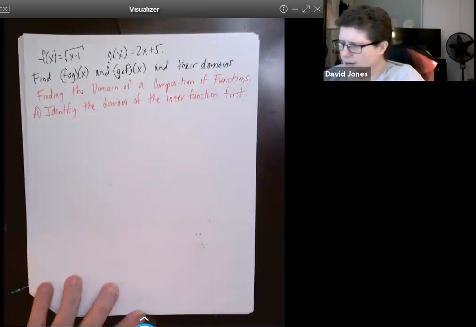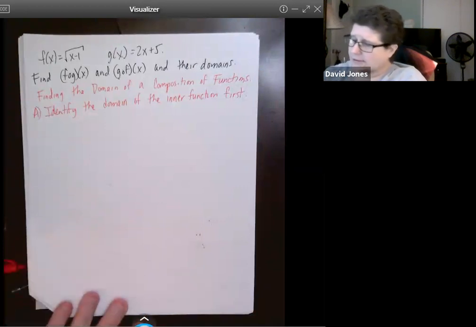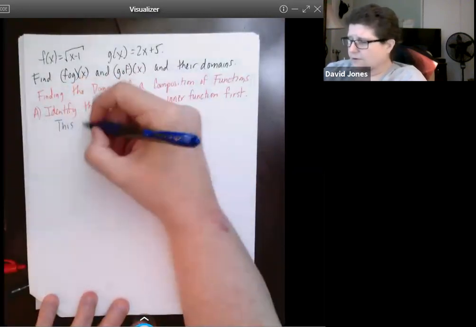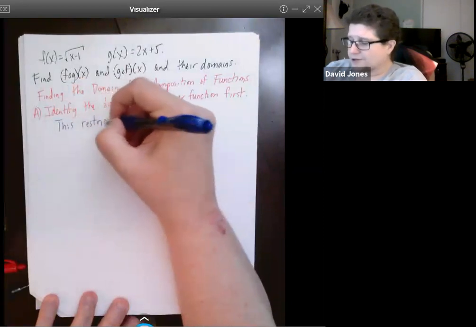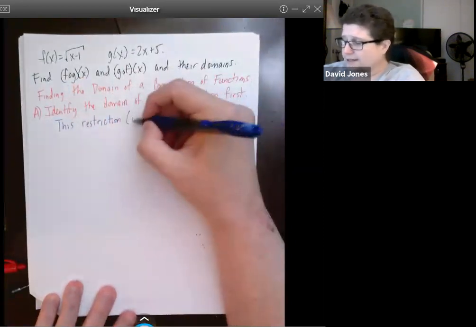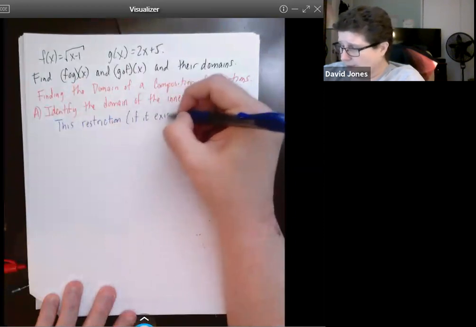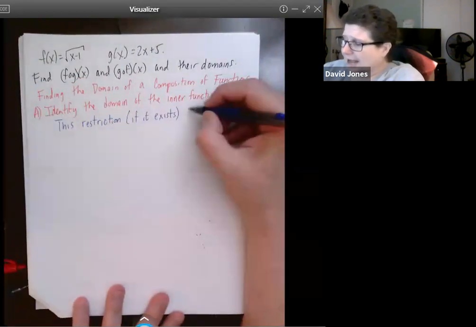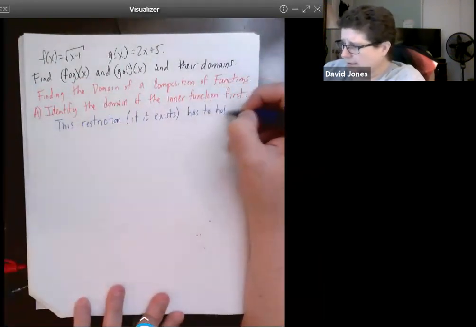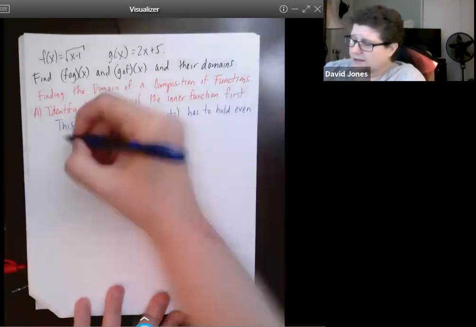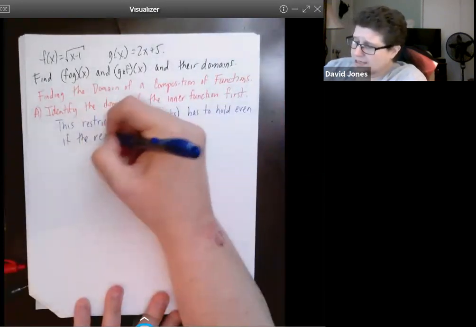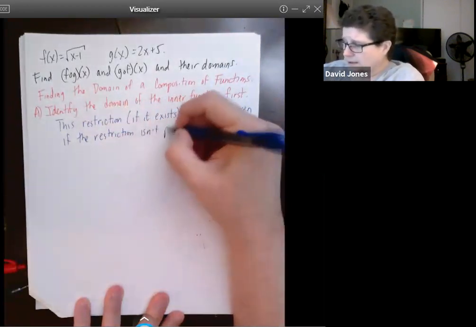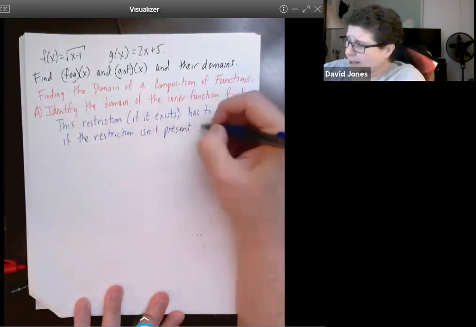The reason I say this is that this restriction, if there is a restriction, it might be all real numbers, if it exists, has to hold even if the restriction isn't present after we combine the functions.